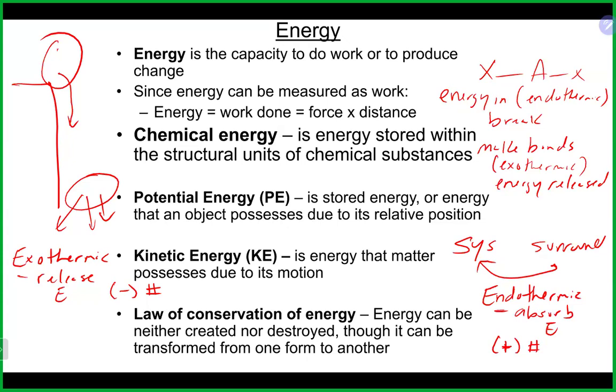So really important. We'll talk about it throughout this chapter, especially when you're dealing with energy calculations: the sign is really, really important, whether it's a positive number or a negative number, because it tells people whether it is an exothermic or an endothermic process.